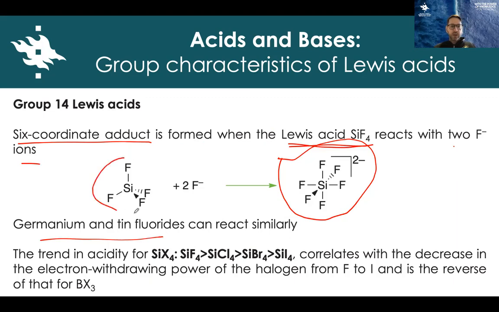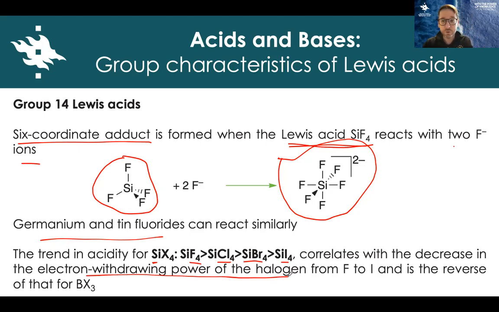And then when we are talking about the acidity of the tetrahalides of silicon, we have this trend in which the fluoride has a higher acidity than the chloride, then the bromide, and then the iodide. And in this case, this correlates with the electronegativity, or the electron withdrawing power, of the halogen.